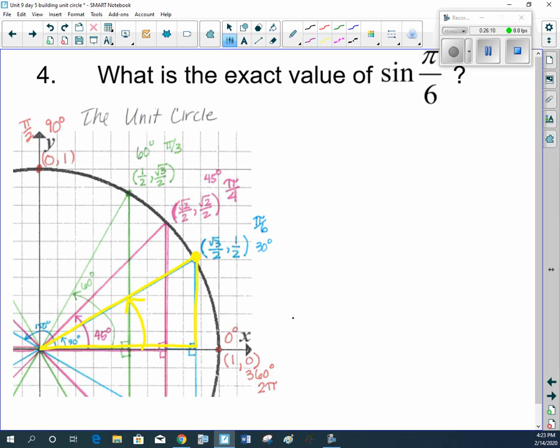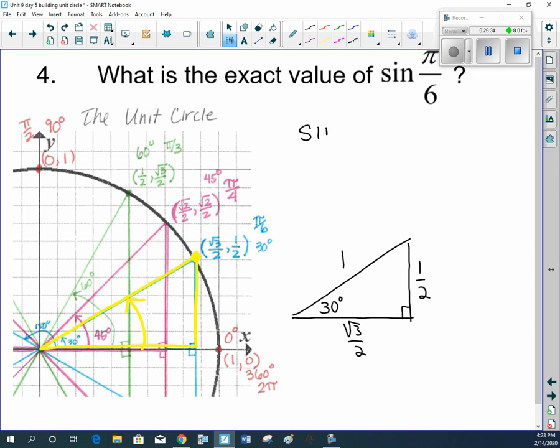So I'm going to come over here. I'm going to set it up again over here so we can see what's happening better. So this is 30 degrees right here. I went right the square root of 3 over 2. I went up a half. Hypotenuse is 1 because the radius of the unit circle is 1. All right, we're going to answer our question now.